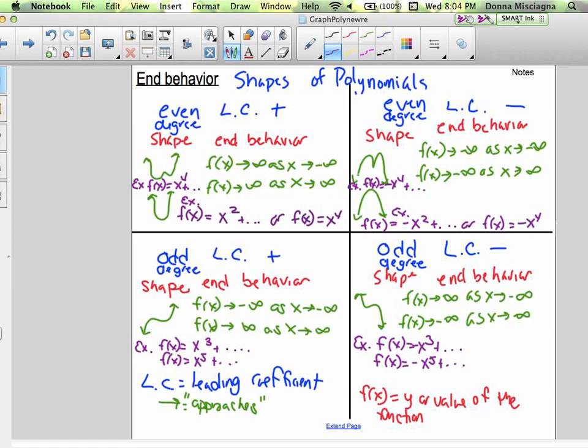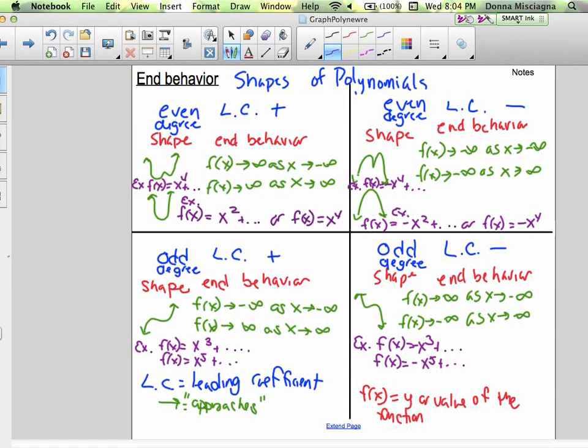How to notate end behavior is f of x approaches infinity as x approaches negative infinity, so it's reversed. F of x approaches negative infinity as x approaches infinity. Right? So everything about your shape, your end behavior, and when that's going to happen, all summed up in one nice handy-dandy little table there.